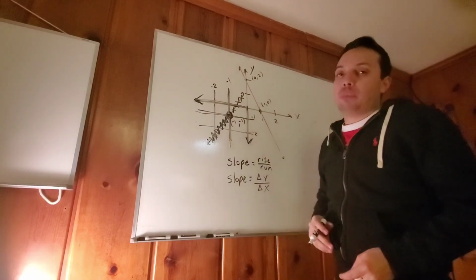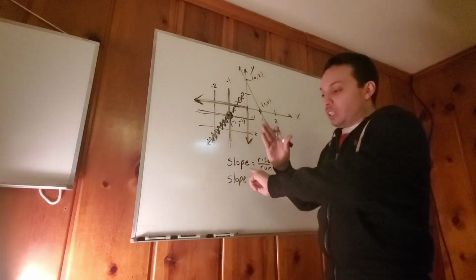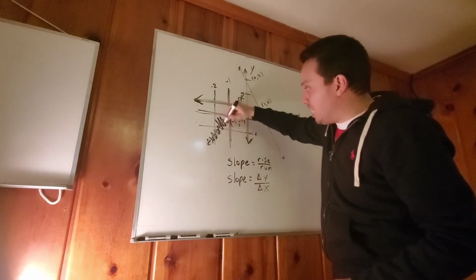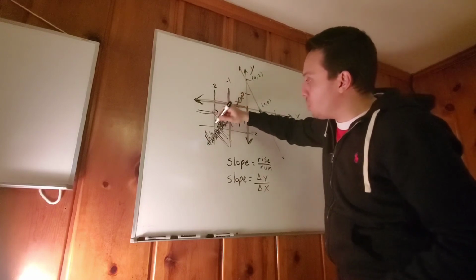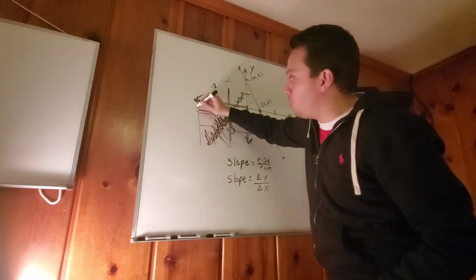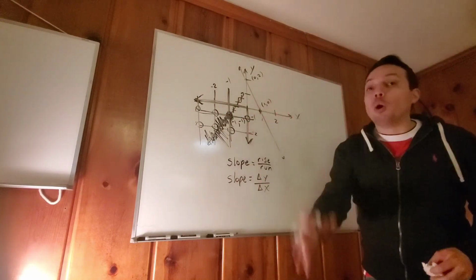So please make sure that you know that it has to be in the intersection of the little grids. It cannot be in between. I do not care for dead space here or here. I care about these points, the intersections of the little squares. Those are the points that matter.